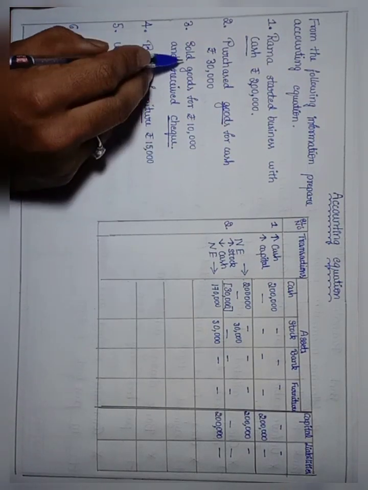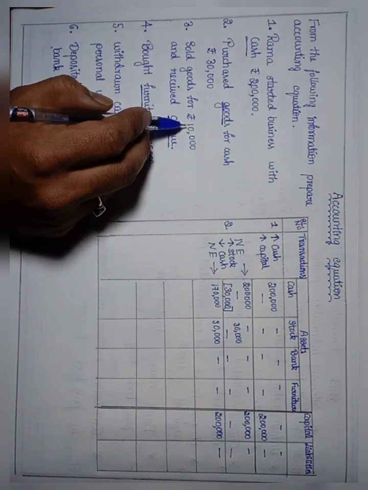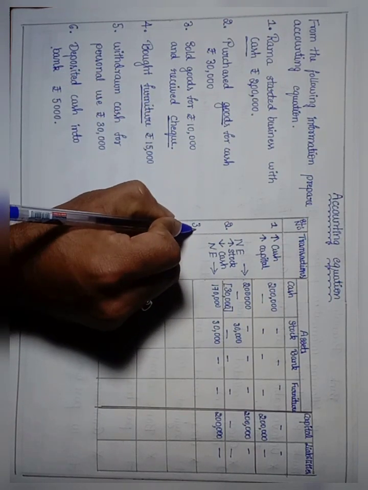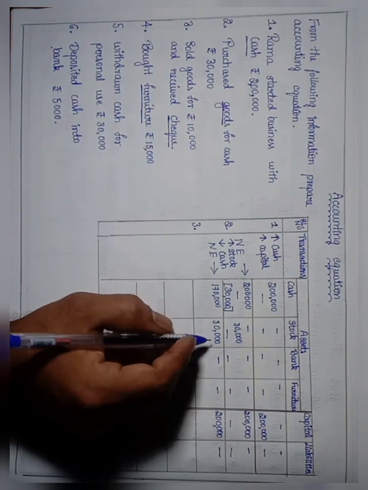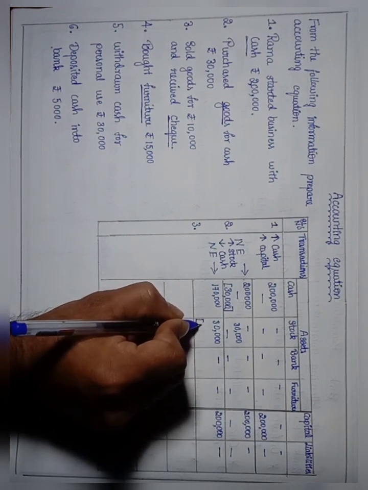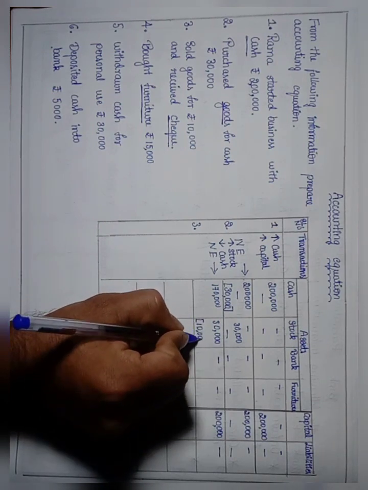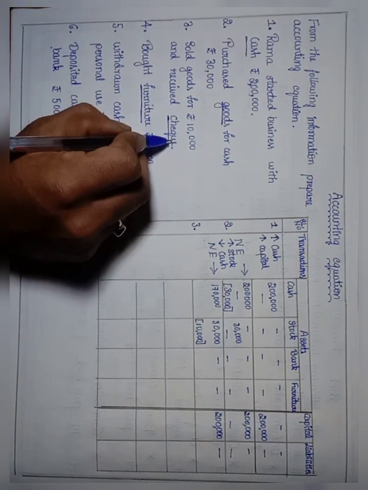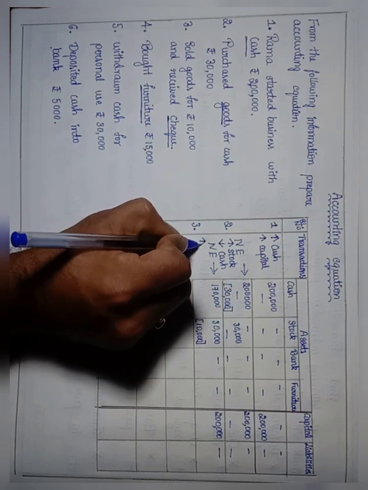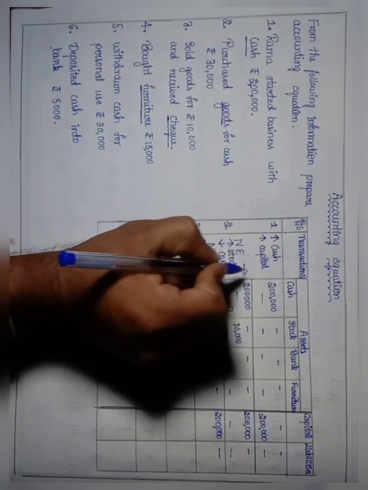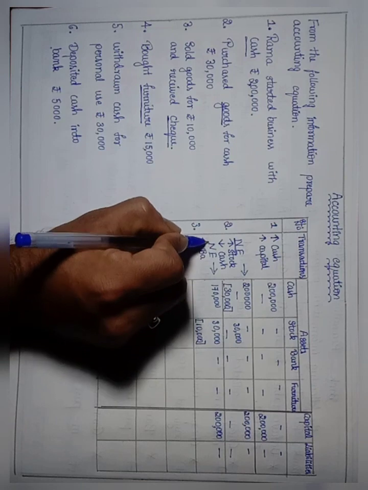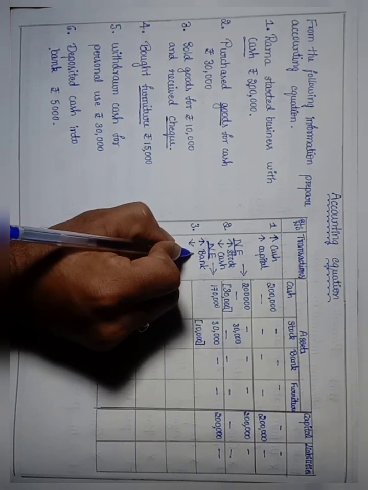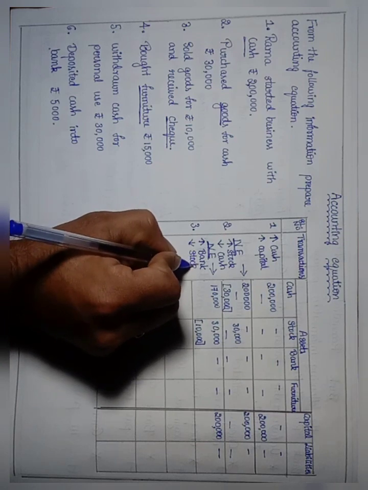Then third transaction, sold goods for 10,000 rupees and received check, which means we are having 30,000 rupees worth of stock. Out of that we are selling 10,000 rupees worth of stock, which means stock is going to decrease, and we are receiving check, so it will increase bank. Bank balance will increase and stock balance will decrease.